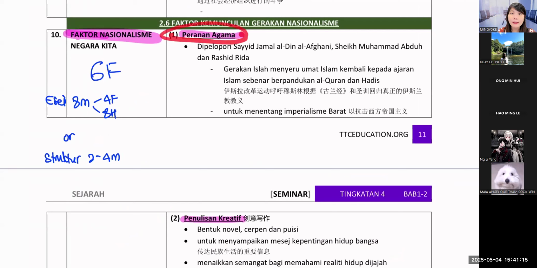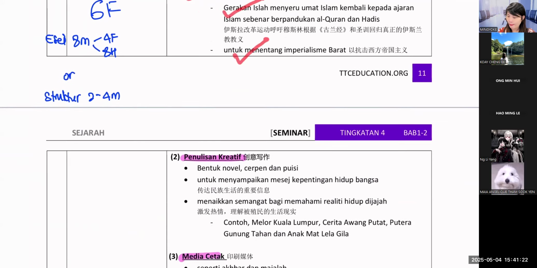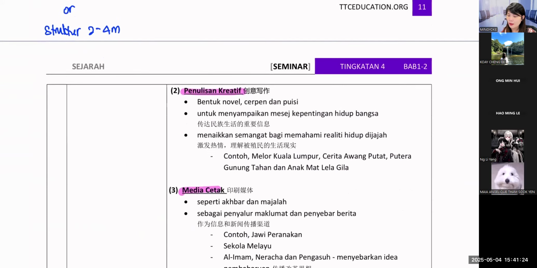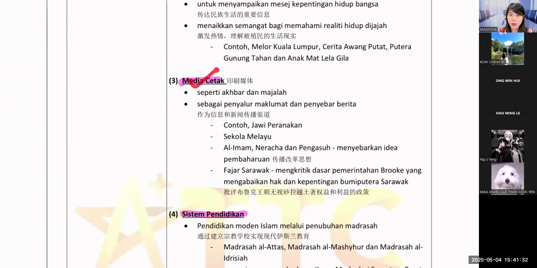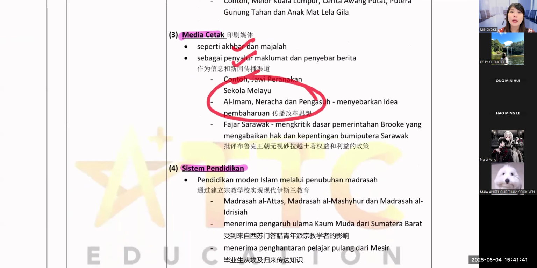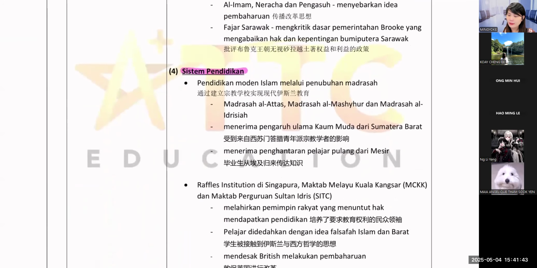So for example, fact 1, elaboration 1, elaboration 2, elaboration 3. Fact 2, elaboration 1, elaboration 2, elaboration 3, example. Fact 3, elaboration 1, elaboration 2, example. You just give any example. Then fact 4, elaboration 1, elaboration 2, elaboration 3, elaboration 4.